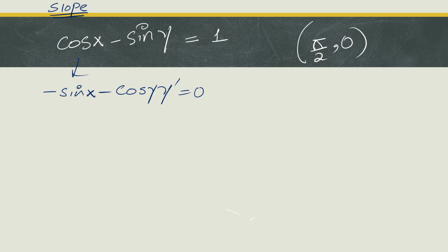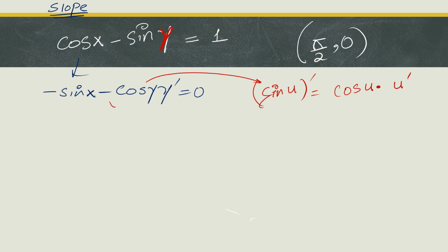So remember that actually we use the chain rule. That means the derivative of sine u, where u is the inner function, equals cos u, and then the derivative of the inner function, that is u prime. So we normally consider y as the inner function. That's why we apply the same kind of formula.